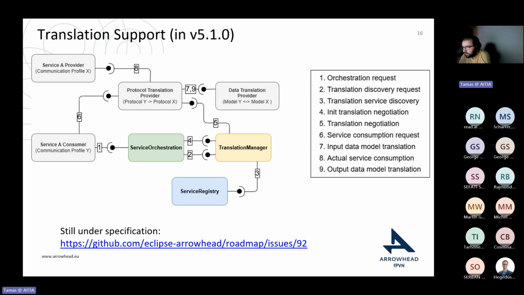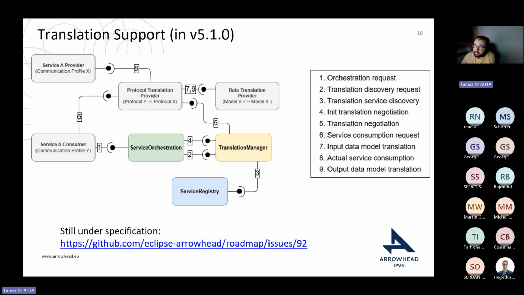When this bridge is built, it will report back to the service orchestrator and put this information in the service orchestration results, and the consumer can start its service consumption.